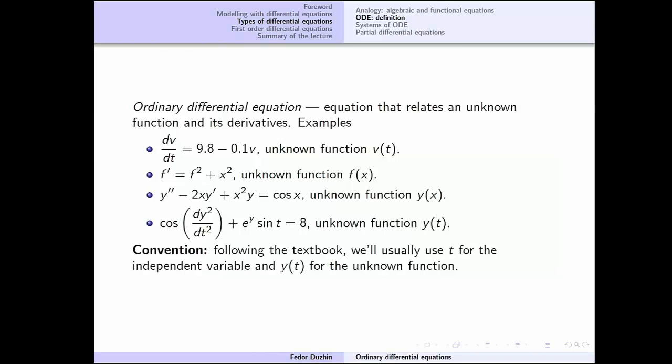Just a little convention. For your convenience, in the textbook, the independent variable is usually denoted t, and the dependent variable is y. So the unknown function is y of t, and I will stick to that notation. Whenever we do any exercises or in my lecture, remember that t always means the independent variable and y of t is the unknown function.